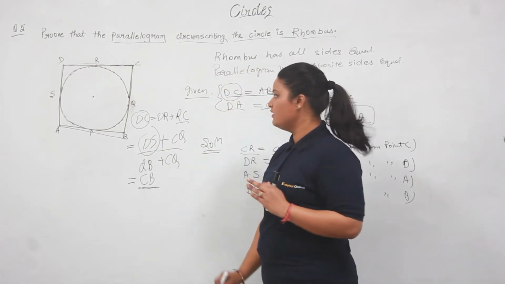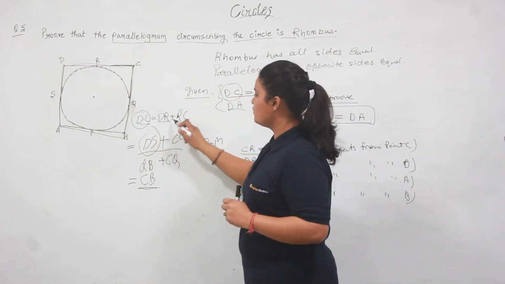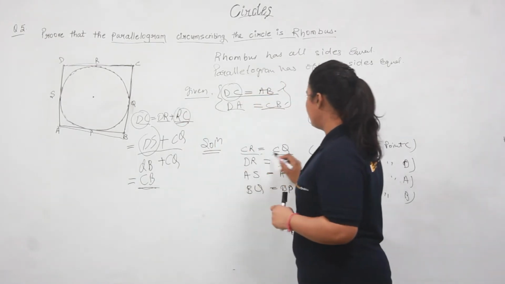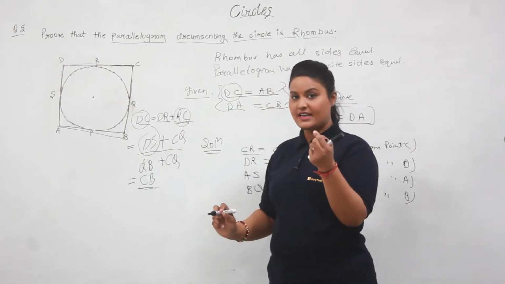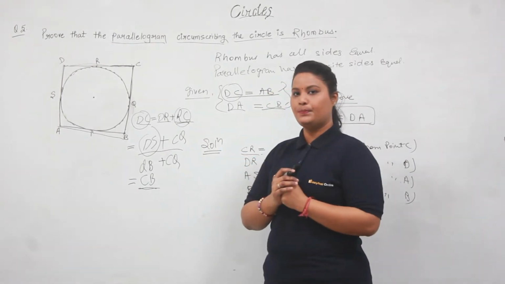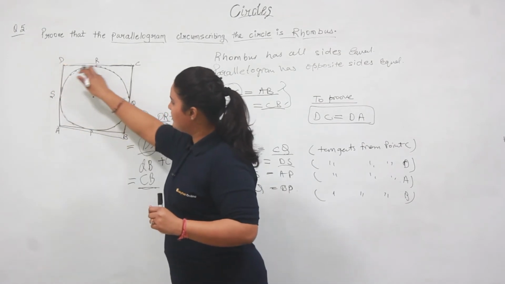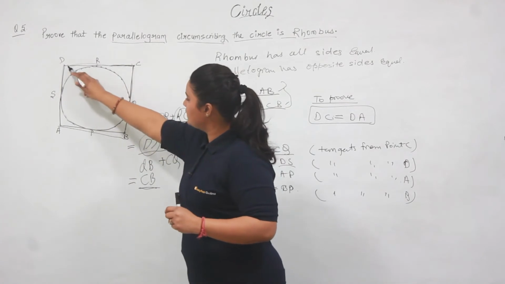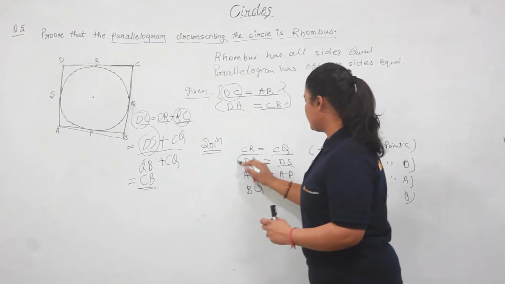I hope it is clear. What we have done, I just broke the DC. It is equal to DR plus RC, right? Now, RC is equal to CQ. We have just written that they are the same, they are the two equal tangents from the same point. That is why I write RC is equal to CQ. Now, DR is what? DR is this part, which will also be equal to DS, because according to this theorem.